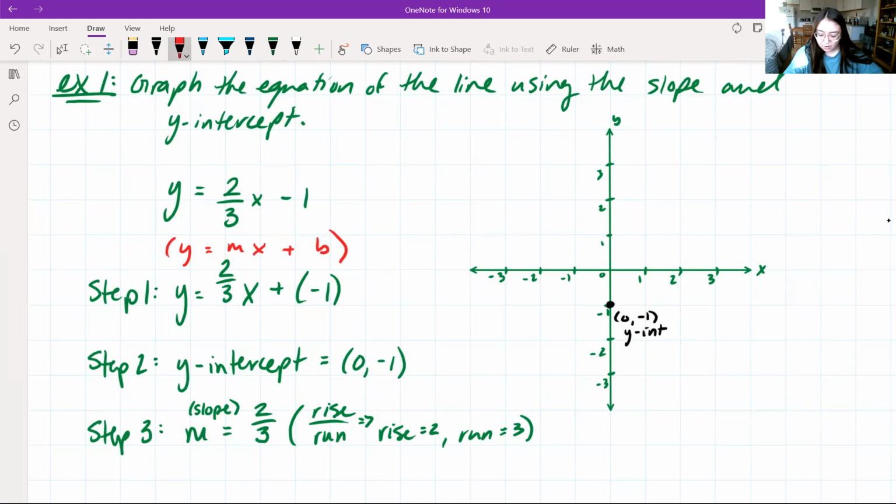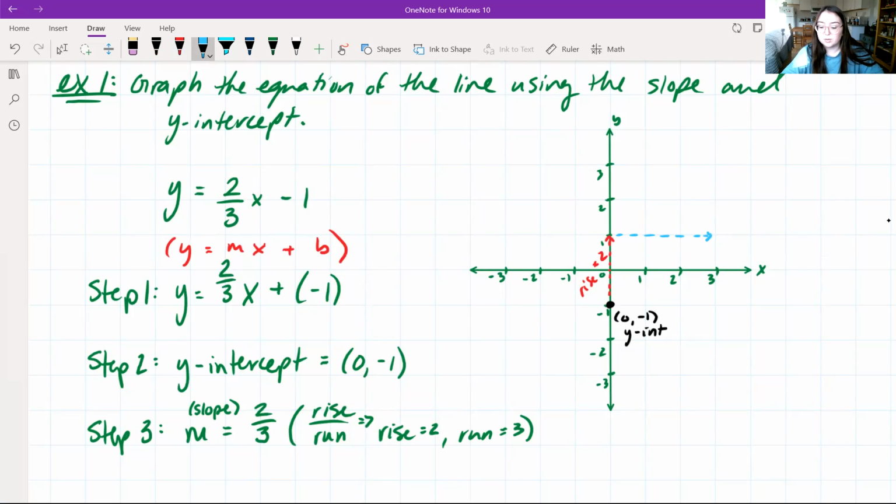So we want to go up 2. From our y-intercept, we go up 1 to 0 and up another to 1. So we've gone up 2. We say rise is 2. We rose 2. And now our run is going to be 3, so we want to move 3 spaces to the right.